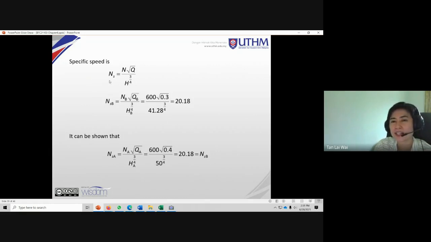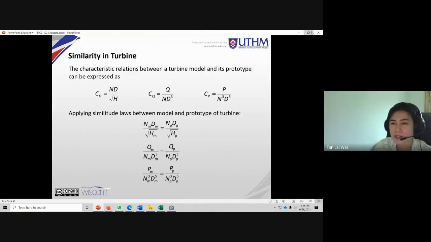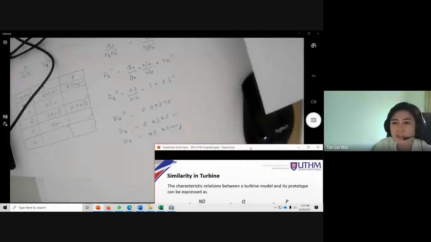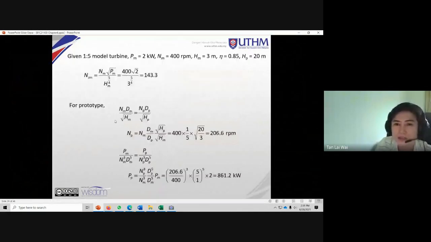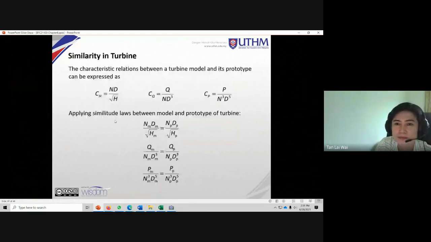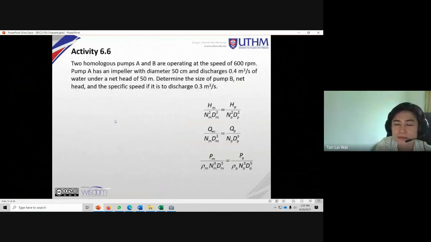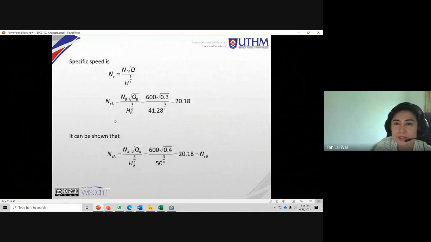The last question they ask is to find the specific speed. If you look at the specific speed, you could calculate for pump A, it doesn't matter.